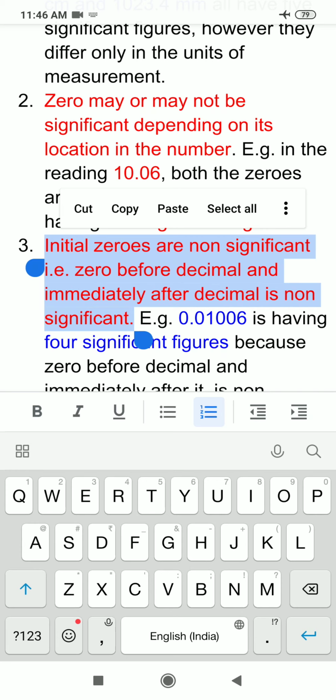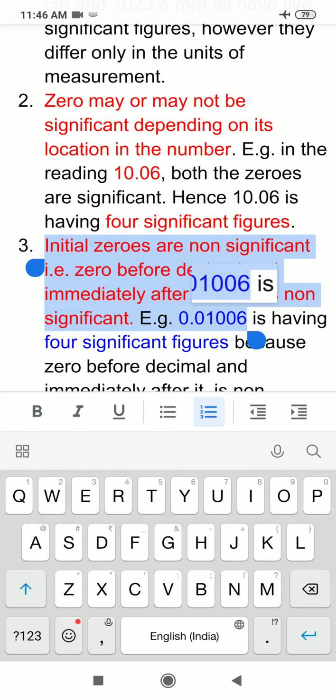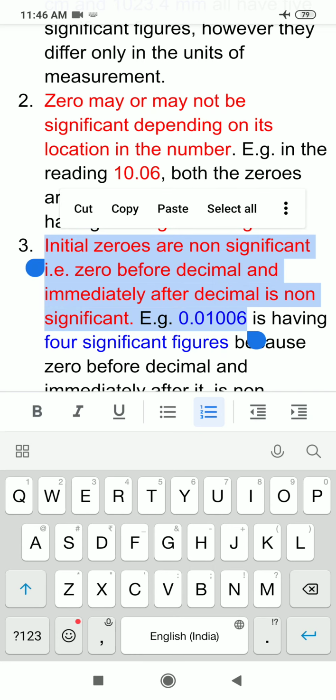And I'm taking an example for this. Suppose I'm having 0.01006. So in this case, it is having 4 zeros. One is to the left of the decimal and another is to the right of the decimal, and other two are on the right side of 1.